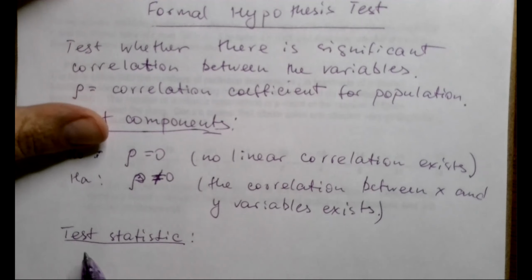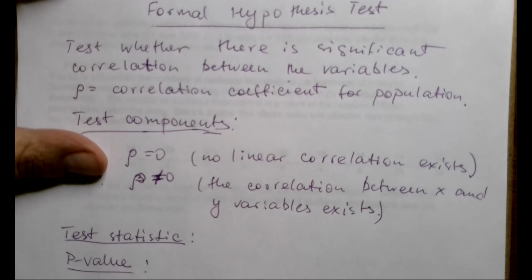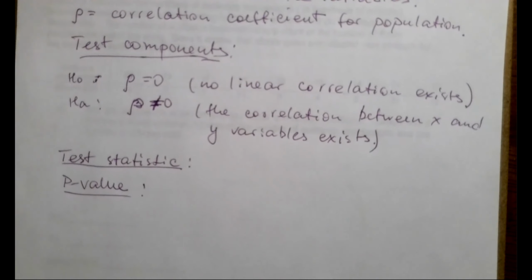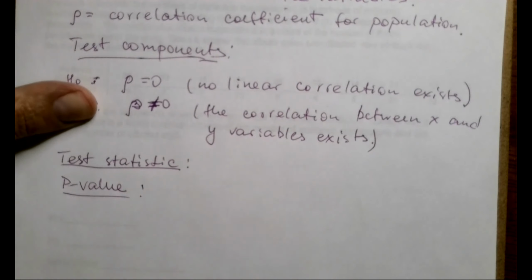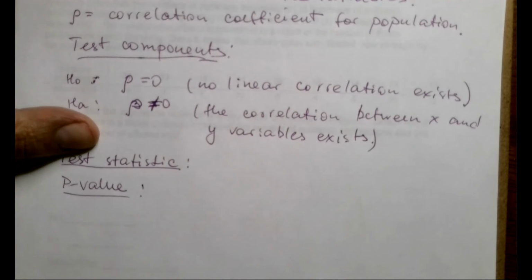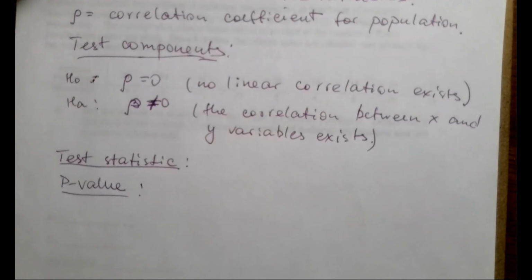We're going to jump straight to the p-value using StatCrunch, and compare it against our significance level, alpha, and then we're going to do the same thing we always did. We're going to make a decision and write a conclusion based on the p-value versus alpha, or the rejection region.